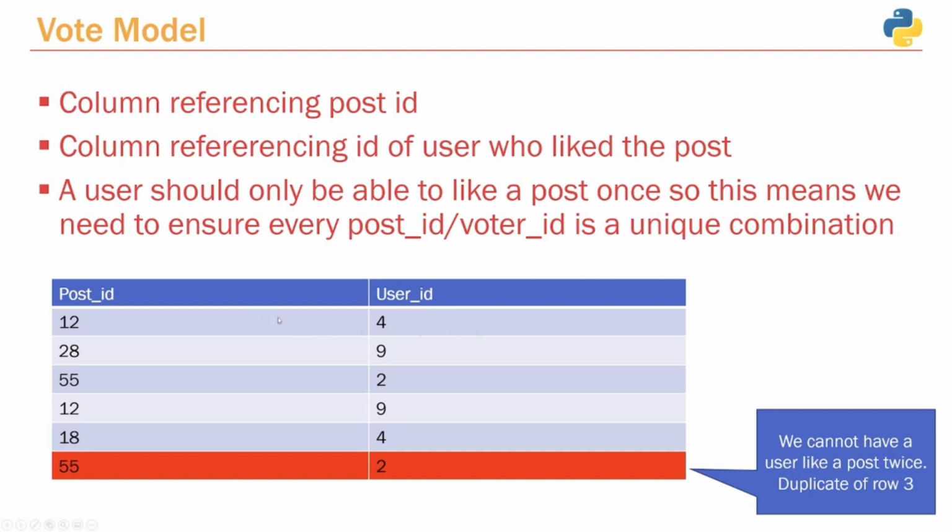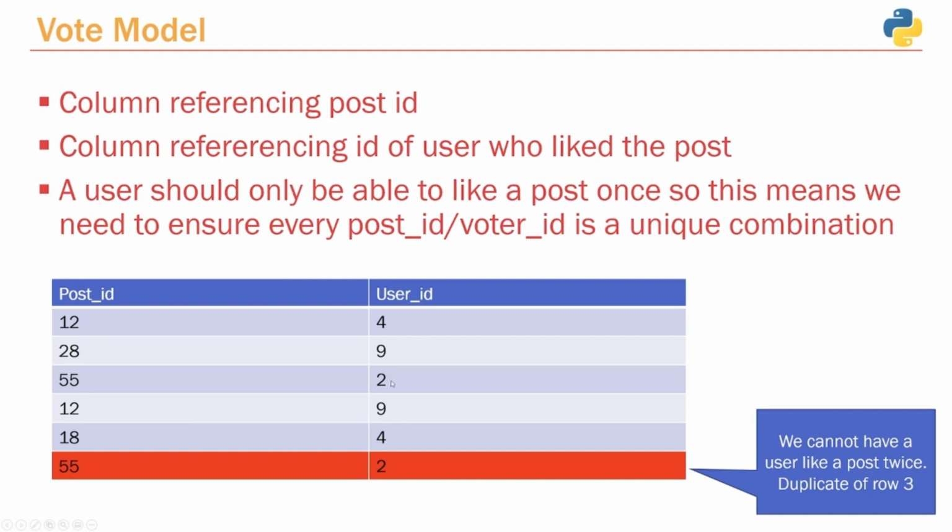And that's perfectly fine. And here we've got a post ID of 28, and it looks like a user with an ID of 9 liked this post. And if I go all the way down to here, you'll see a post ID of 12, and there was already a row with the post ID of 12, but it's liked by a different user, 9. So it's perfectly okay to see a repeat in this column.